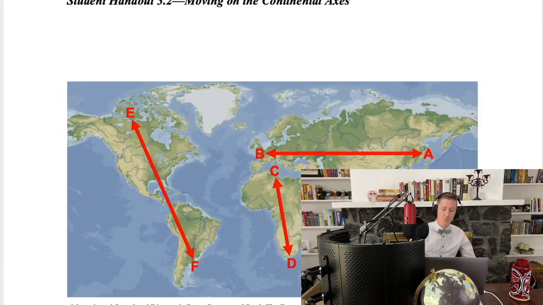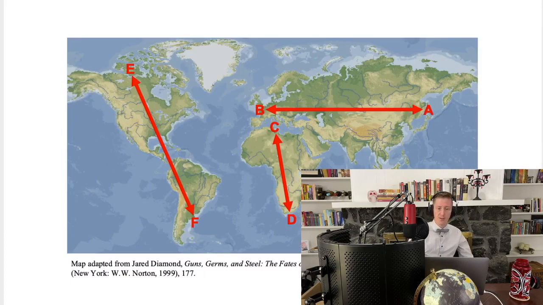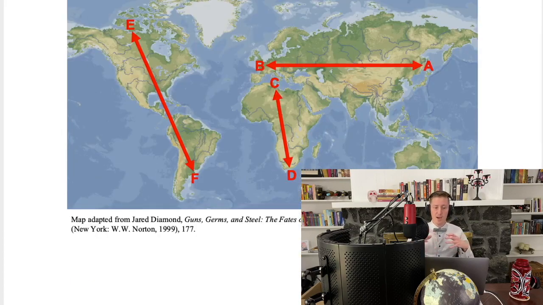Right, so this starts off with an important map. This is the map we're going to be referencing a lot when we talk about the axis of the continents. So we see that line AB is Eurasia, which is an east-west aligned continent. Line CD is Africa. It is a north-south aligned continent.